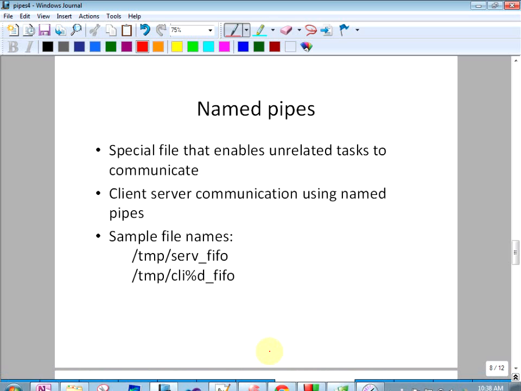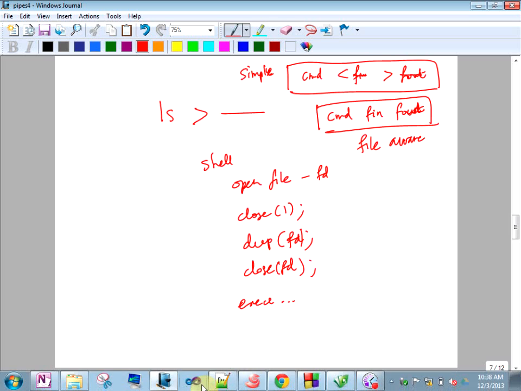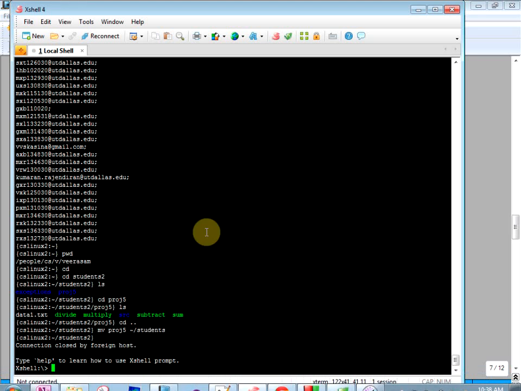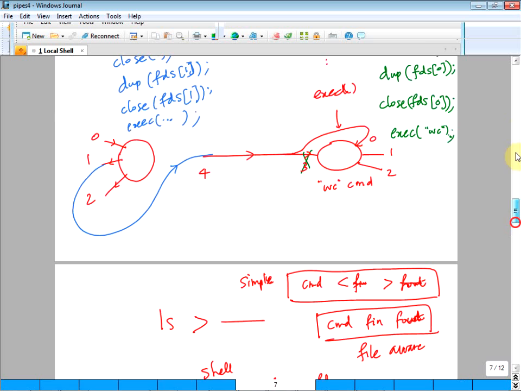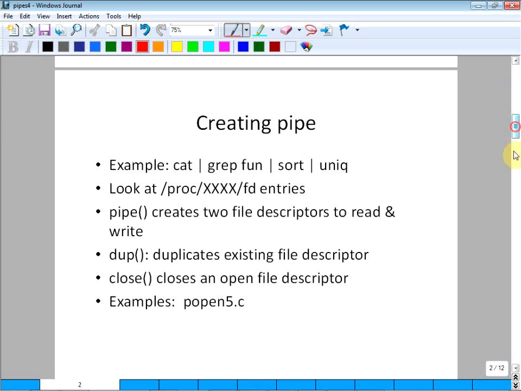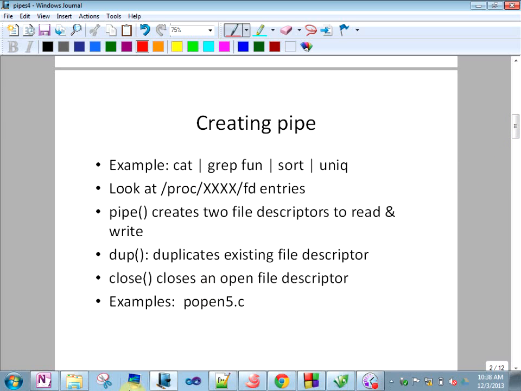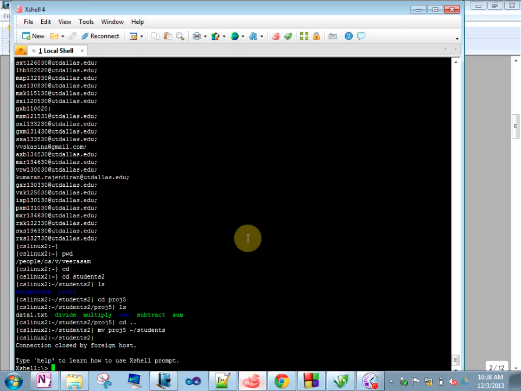You know what, let's see whether we can see some examples. We're supposed to look at this example, right? Okay, let's look into this example.